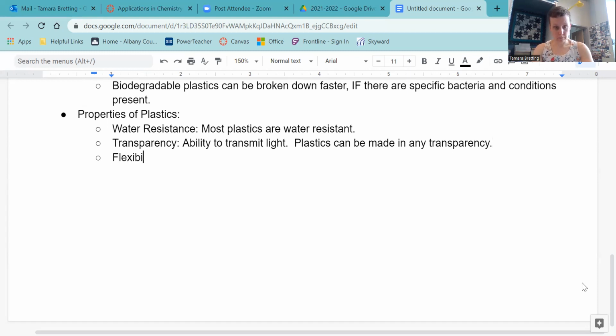Flexibility, you're bending without breaking, right? They can be highly flexible or highly rigid. And again, you might see some of that in making plastics in the lab. You might have samples that were very, very floppy, flexible, and you might have samples that were super rigid and you try to bend them and they break.